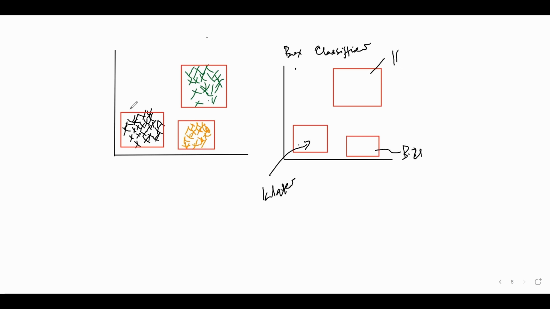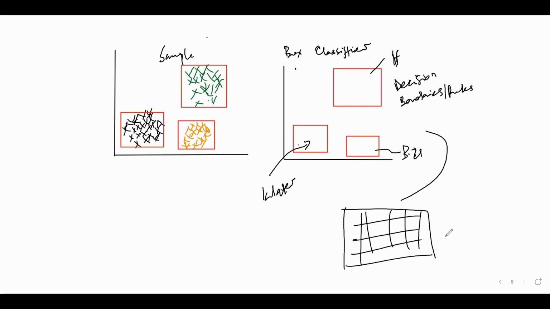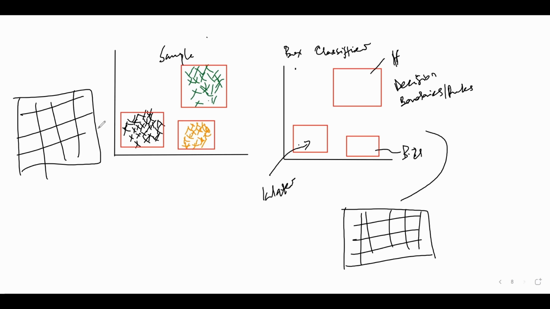So we start with the sample, come up with our decision boundaries, rules, and then we end up with our classified image. We just picked a few samples, and these samples were what we used to come up with our decision boundaries and decision rules. And after that, we now have a classified image.